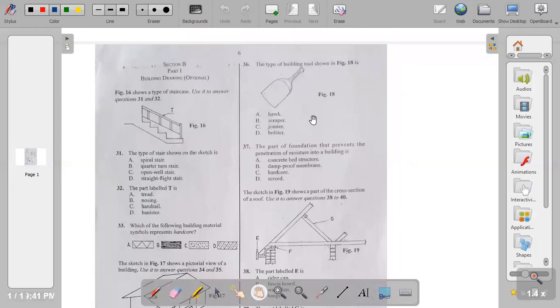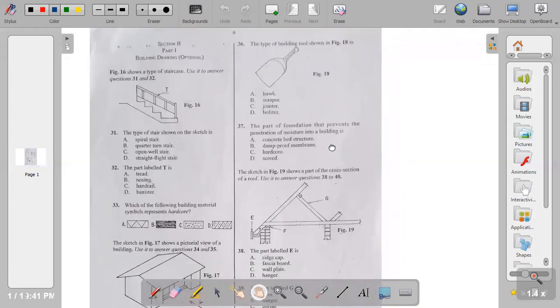Question 36. The type of building tool shown in figure 18 is hop, scraper, jointer, bolster. This is a bolster. It's not a scraper. It's a bolster. So 36 is D. Question 37.